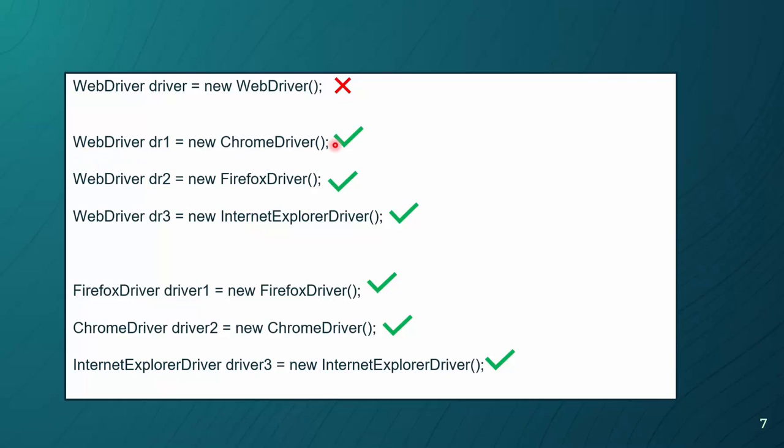This is the best practice. At industry level, we use WebDriver driver is equal to new ChromeDriver. This command is frequently used. If you write FirefoxDriver driver is equal to new FirefoxDriver, the script that you're writing is specific towards Firefox only. It will launch only the Firefox browser.